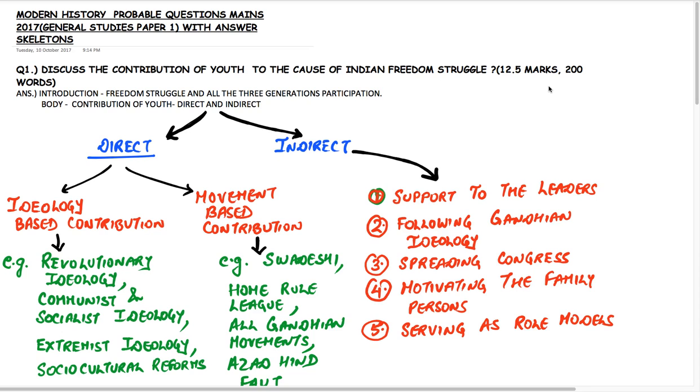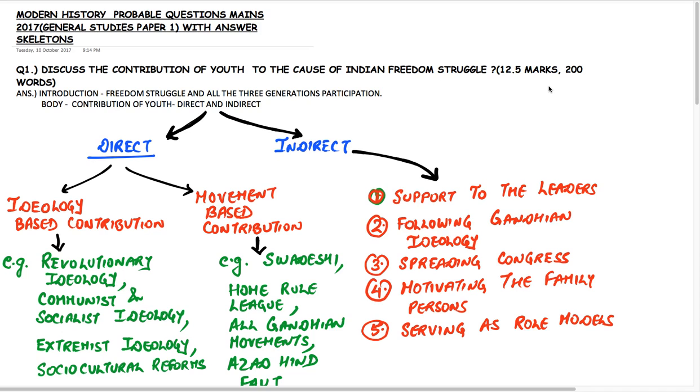So it makes the section very, very important. Besides, this section is scoring in nature. So one has to study the section in a very careful way, and one can score very high marks which will yield multiple dividends in the final results.